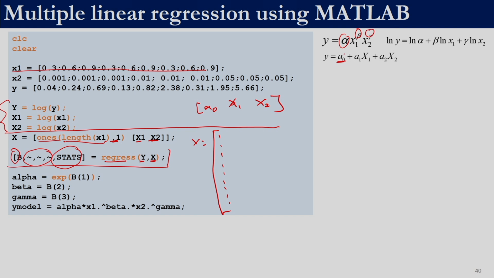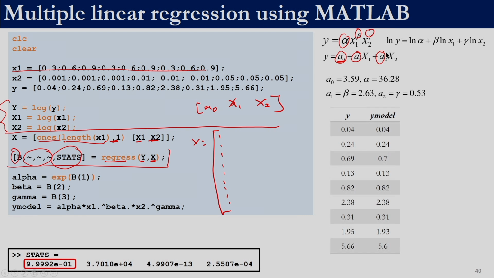What we have found out is a naught, a1 and a2. So, if you remember the transformation which we did, a1 actually corresponds to beta and a2 actually corresponds to gamma. So, beta is nothing but the second value, gamma is nothing but the third value, because x1 is the second column and x2 is the third column.